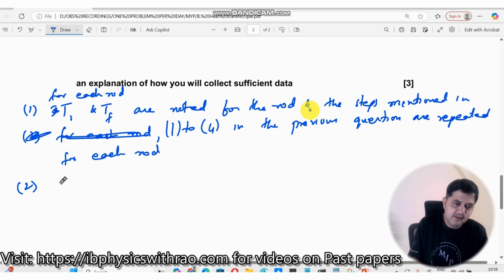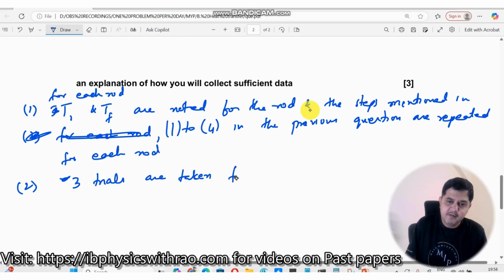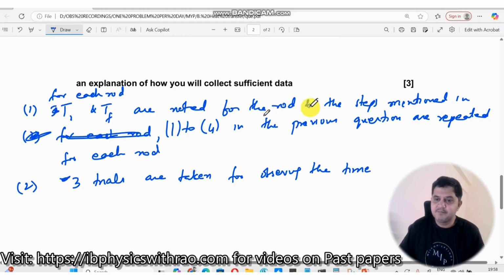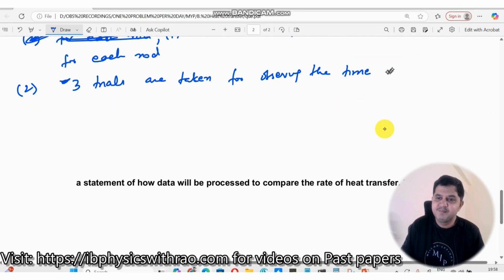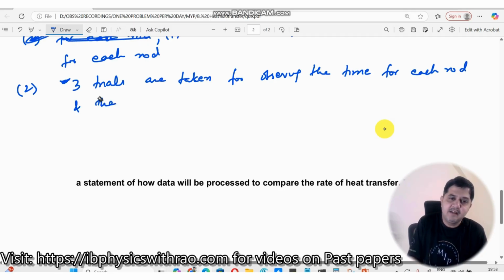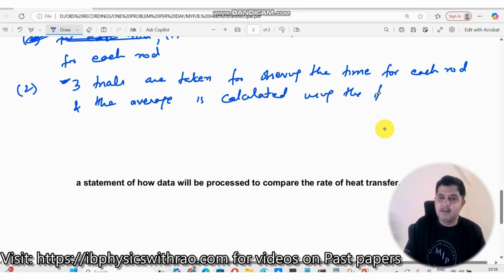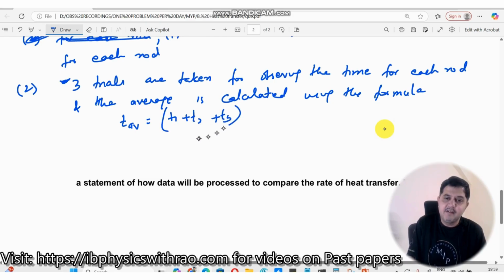Then 3 trials are taken for observing the time for each rod and the average calculated using the formula T average is equal to T1 plus T2 plus T3 divided by 3.